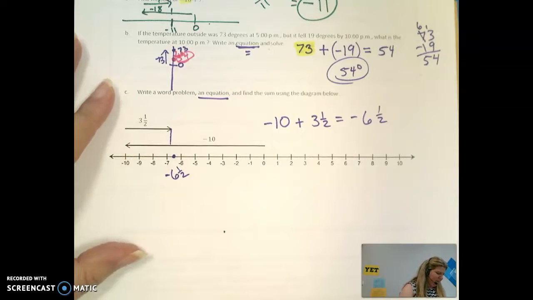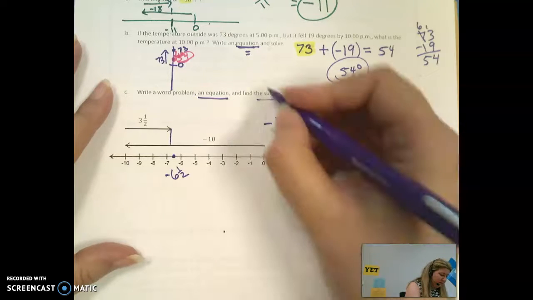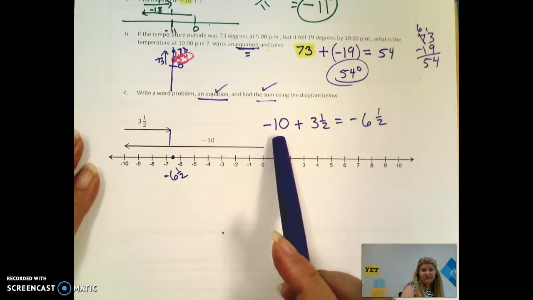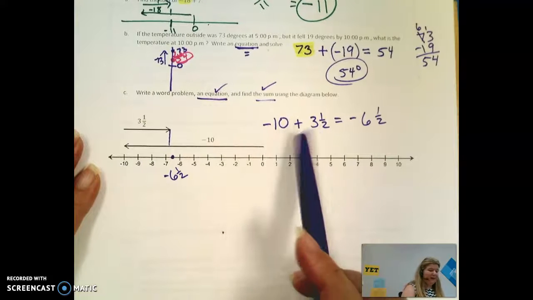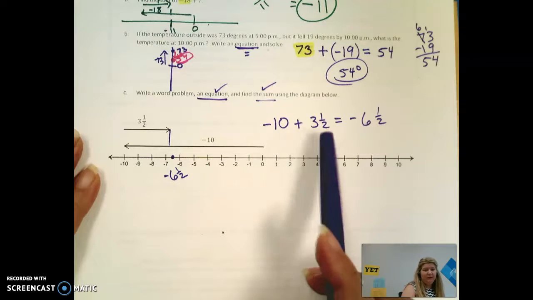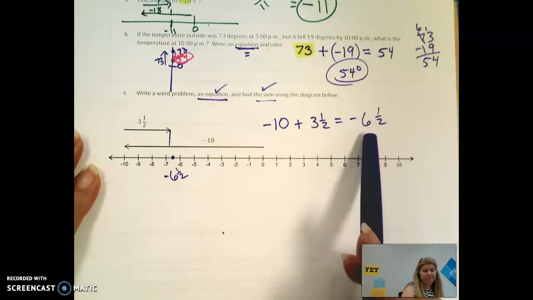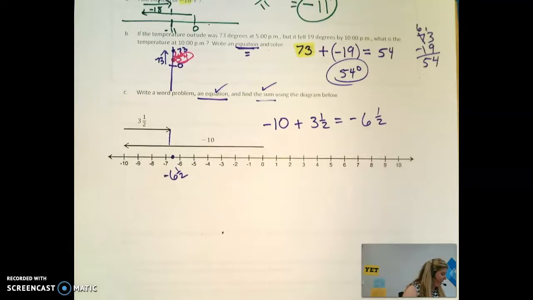I found the sum, I wrote the equation, and the word problem. So I borrowed $10 from my dad, and I paid him back $3.5. How much do I currently owe him? There we go.